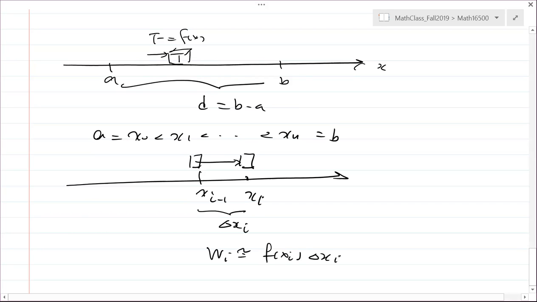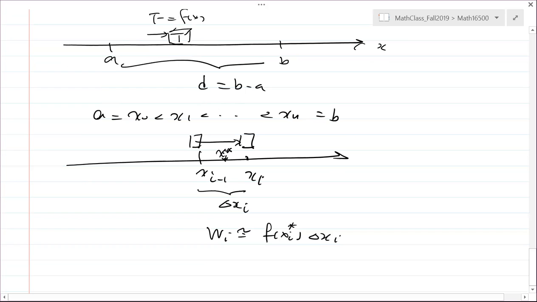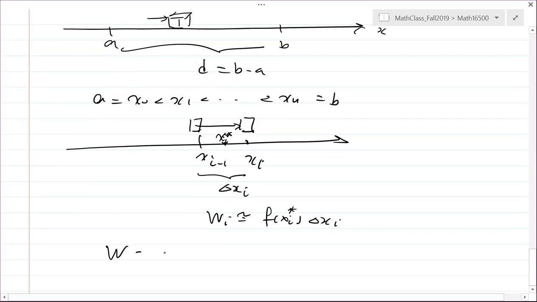or xi star. It doesn't matter what you choose. This is an arbitrary point xi star. You pick an arbitrary point and look at the force, but over that small interval, the force is almost the same. So the total work is going to be the sum of them, because you can push the box step by step, n steps.